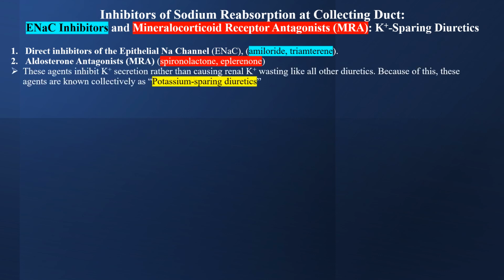Since both ENaC inhibitors and MRAs also limit potassium secretion as opposed to potassium wasting seen with all other classes of diuretics, these agents are collectively known as potassium-sparing diuretics. Note that potassium-sparing diuretics are weak diuretics because they work distally where most of the filtered sodium has already been reabsorbed by more proximal segments.